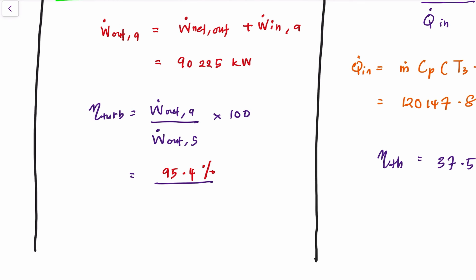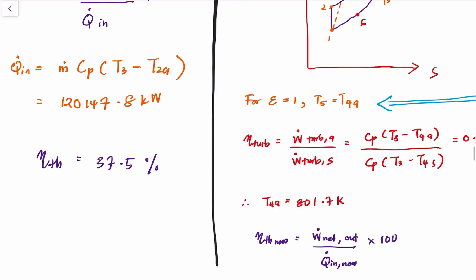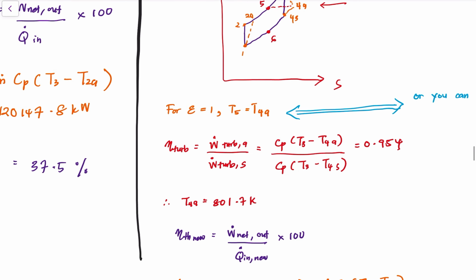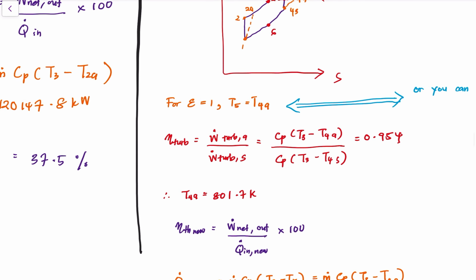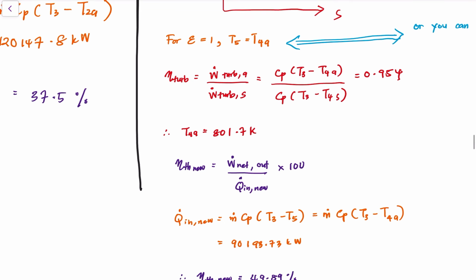So if you convert it into a normal representation, will be equal to 0.954. Okay, so from there you will get the T4A is 801.7 Kelvin. So we know that T4A will be equal to T5.